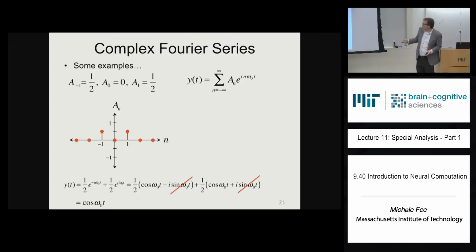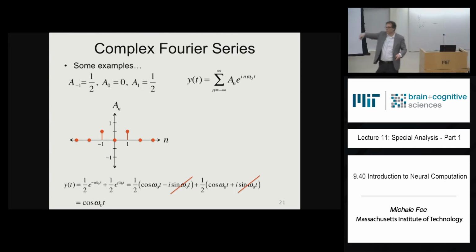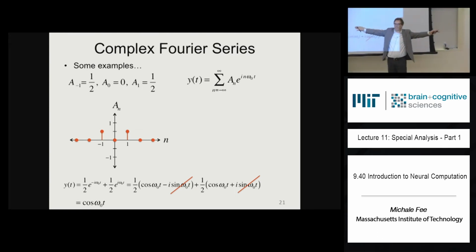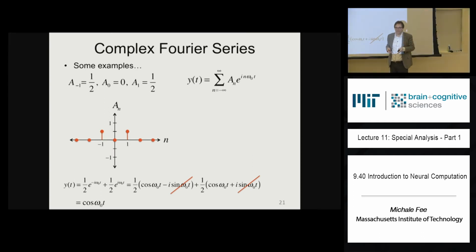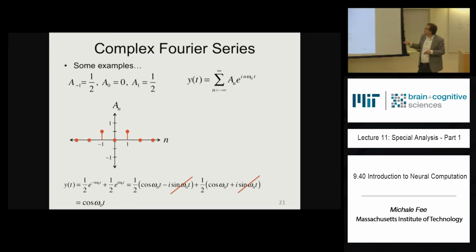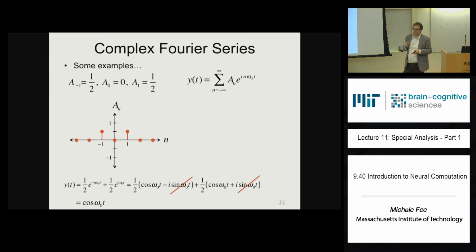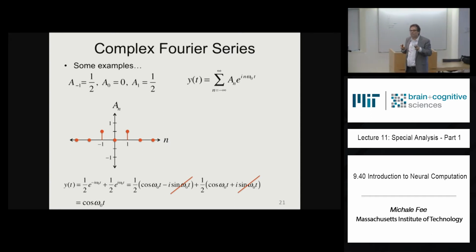So here's this function of time that goes on infinitely. If you wanted to write down all the values of cosine omega naught t, you'd have to write down an awful lot of numbers. And here we can write down that same function with two numbers. So this is a very compact view of that function of time.